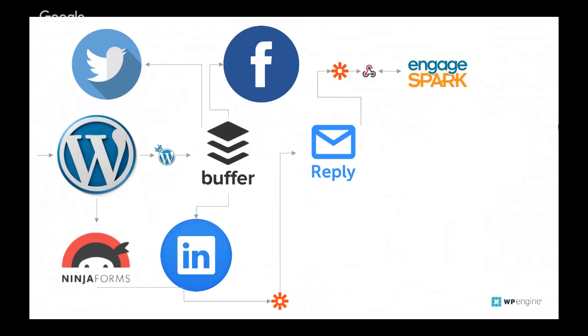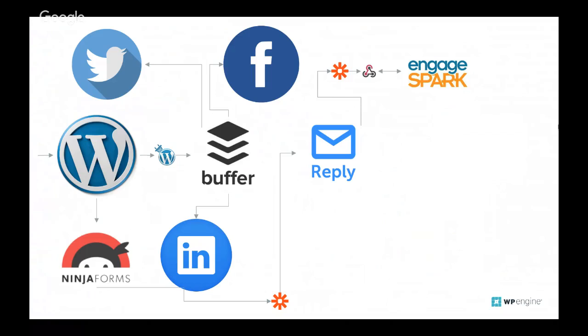Ninja Forms is really good. There's a heap of other ones that you can use that will integrate with all different CRMs or things like MailChimp. The idea is you want somebody to enter some data and you want to get a reply from that to use in your campaign.